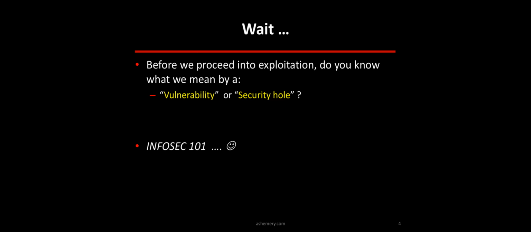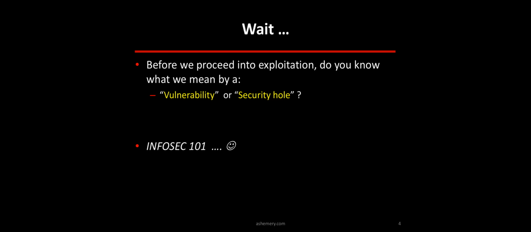It could be in an application. It could be in hardware. It could be in either one of those. And the idea is this weakness allows a threat actor to gain some advantage over the system, or if it's hardware, over the hardware.